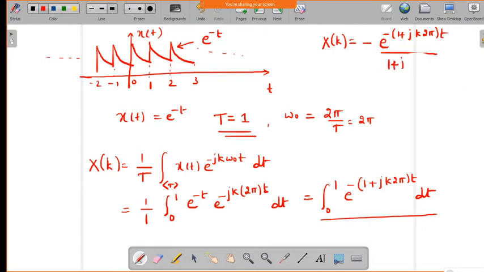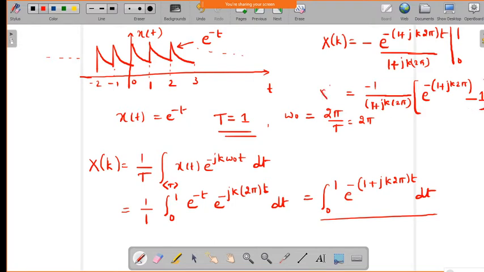This will be evaluated from 0 to 1. So this will give minus 1 over (1 plus jk 2 pi), and if you substitute the values of t as 1 and 0, you will get e power minus (1 plus jk 2 pi) minus e power 0, which is equal to 1. So this is the X of k expression.